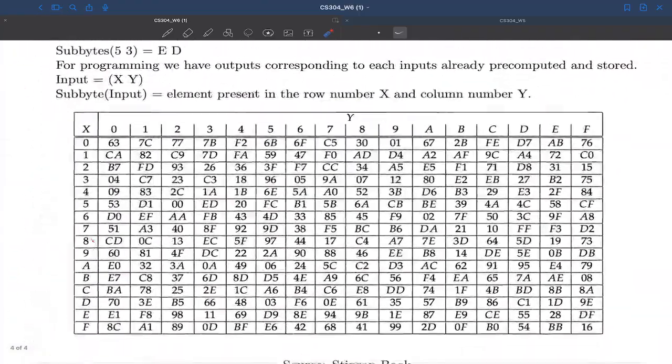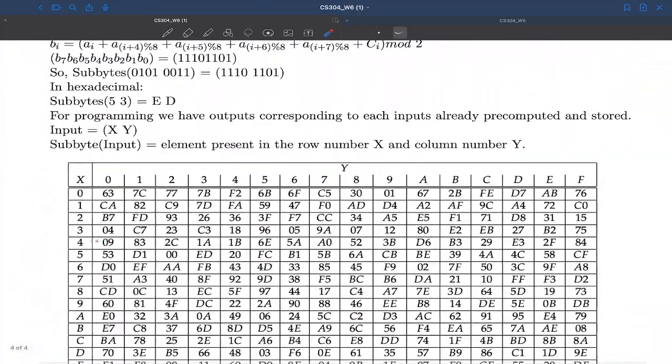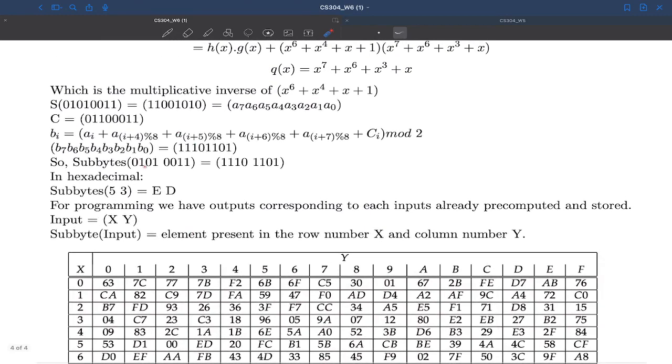So how to use this table? You will have an 8-bit input. Convert it to hexadecimal. If I take 0101, this is 5 in hexadecimal, and 0011 is 3 in hexadecimal. So every 4 bits is some number in hexadecimal. If I convert this input to hexadecimal, I get 53. How to get the output corresponding to 53?